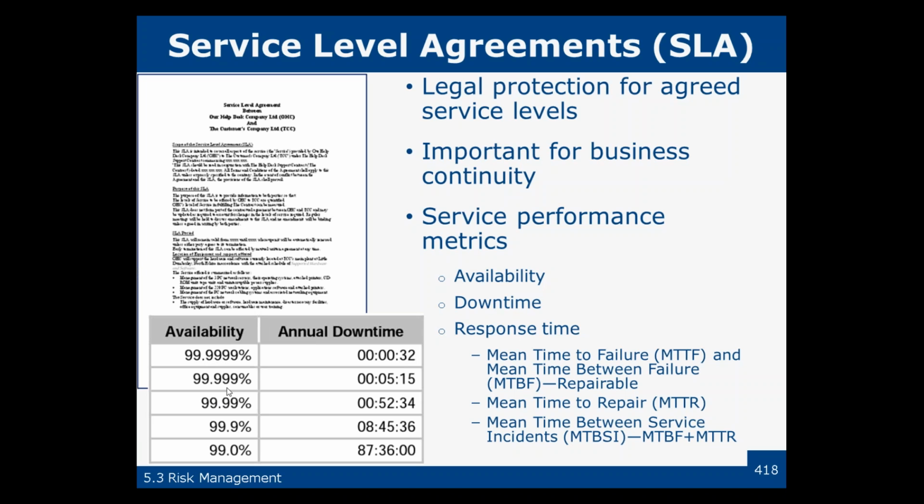The 5 nines, which is kind of a standard, is 5 minutes and 15 seconds a year. 99.99 is 52.34 minutes. 99.9 is 8 hours and 45 minutes, 36 seconds a year. And then if we do 99% uptime, it's still 87 hours and 36 minutes downtime a year.